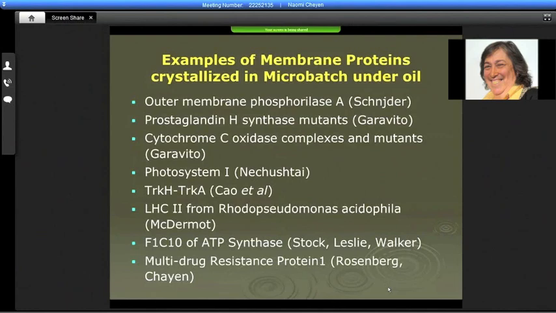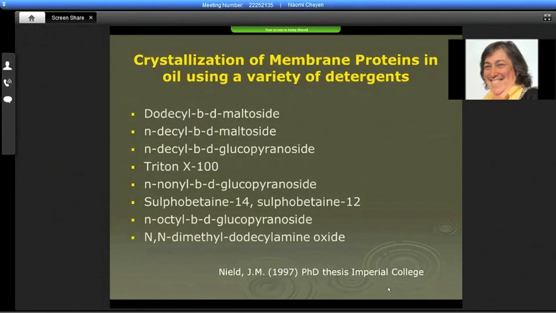It's very interesting and almost a marvelous surprise, but it works. Somebody did a PhD and tried to see, does it matter which detergent? Look, a variety of detergents, and they're all working within the oil and the microbatch.